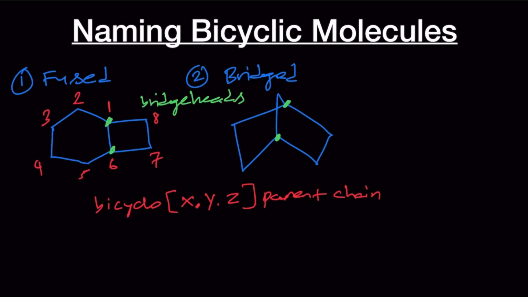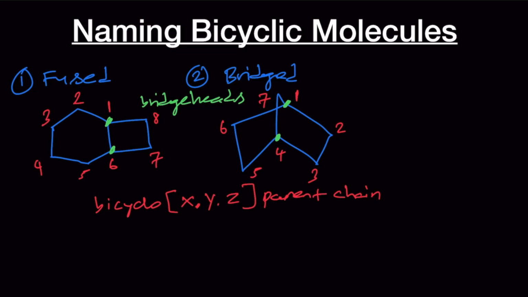In the bridged case here, we can go either way because they are symmetric. Therefore, it does not matter whether we go clockwise or counterclockwise, we will get the same numbers. And then this XYZ. X is the total number of carbon atoms or heteroatoms in the longest pathway through which you come from one side of the bridgehead to the other side.